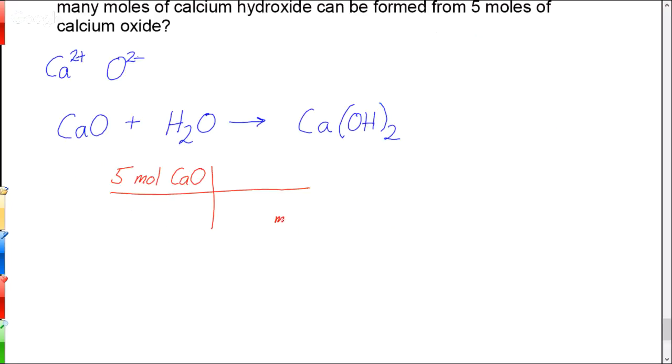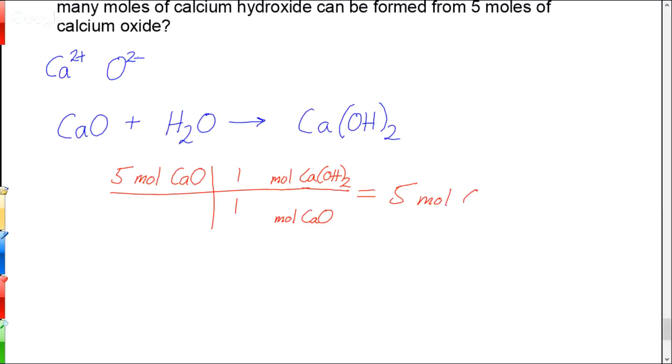And we want instead to know how many moles of calcium hydroxide can be formed. We get the ratios or the numbers from the equation. In this case, everything's just 1. So that makes it pretty simple.